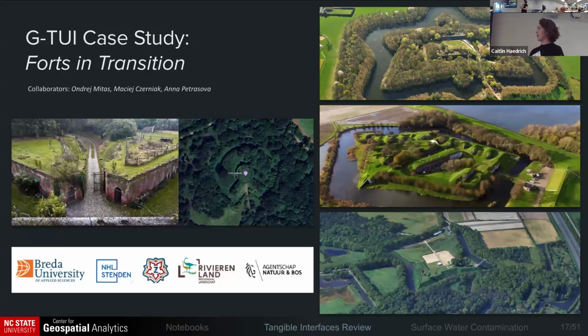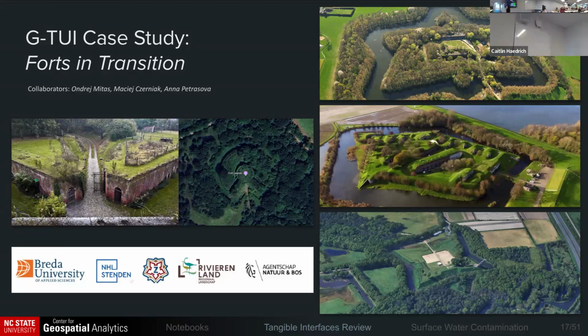And so this project at Brady University of Applied Sciences brought together a lot of the managers involved with this to have them exchange ideas on how to manage the forts and see what success stories were, what was working at some forts. And they also had collected visitor data.